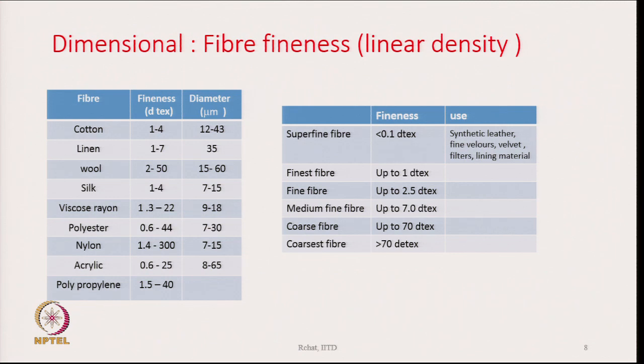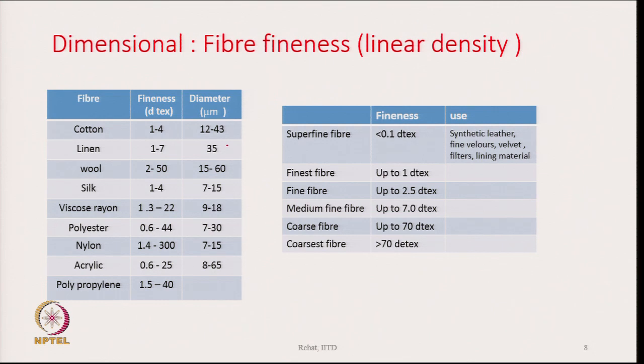The fineness for the natural fibers is generally limited, because whatever nature produces, that we have to accept. We see that the fineness of cotton can range between 1 to 4 decitex, linen somewhere between 1 to 7 decitex, wool can be 2 to 50 decitex. Like that, different fibers have different ranges of fineness.